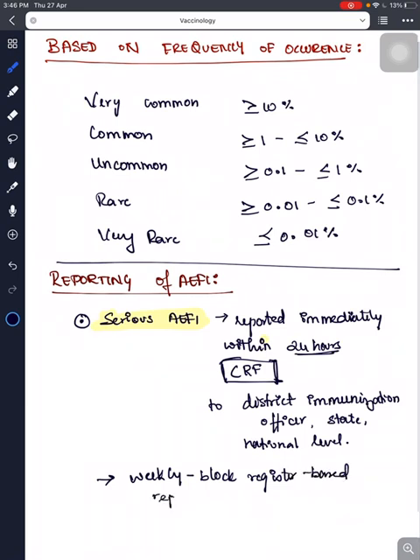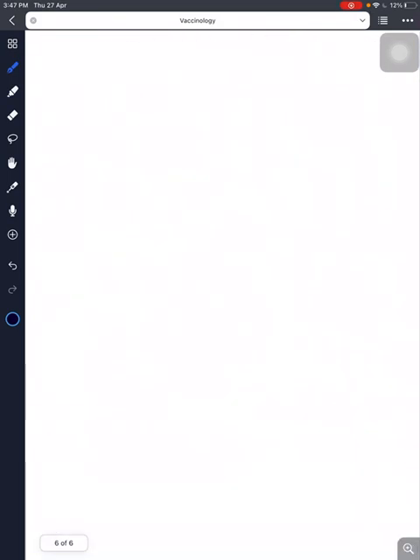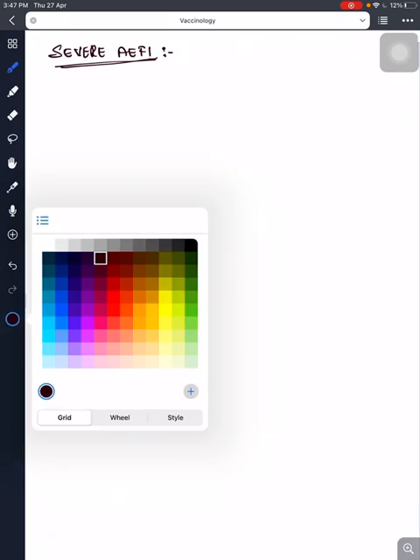And this should even be reported by a weekly block register based reporting system, and also through a monthly reporting system, that is monthly HMIS. Okay.